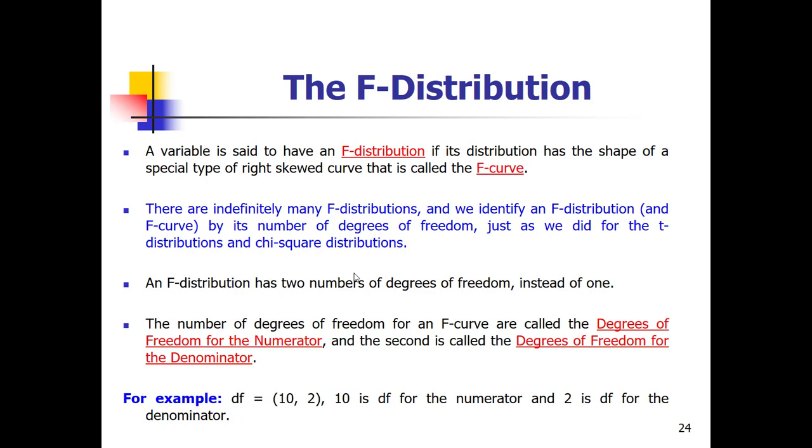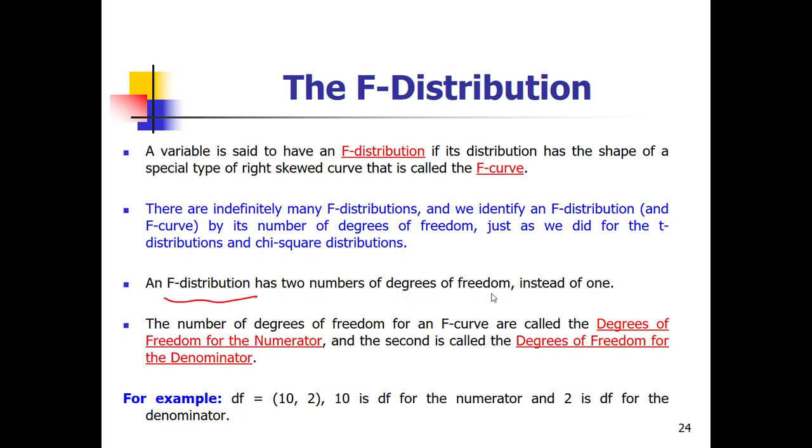The F distribution or F table is a curve that has 2 degrees of freedom. If you remember, we had different chi distributions depending on the degree of freedom. So here also we have many different F distributions depending on the degrees of freedom.